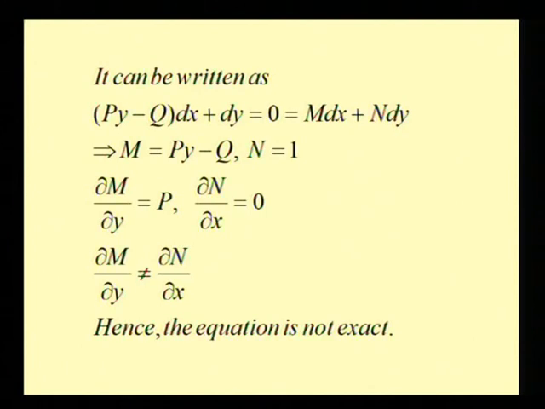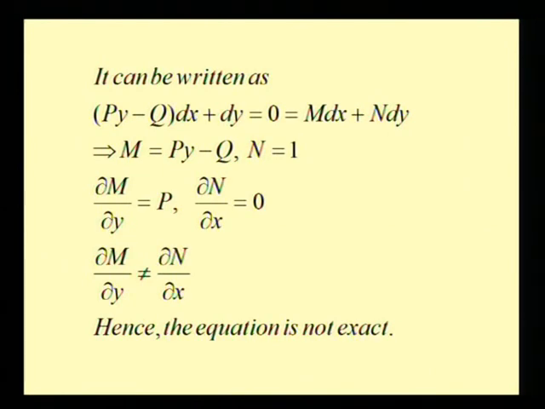Let us simplify: (py minus q) dx plus dy equal to 0 is the same as m dx plus n dy. Therefore, m is equal to py minus q and n is equal to 1. The partial derivative of m with respect to y is p, but the partial derivative of n with respect to x is 0.